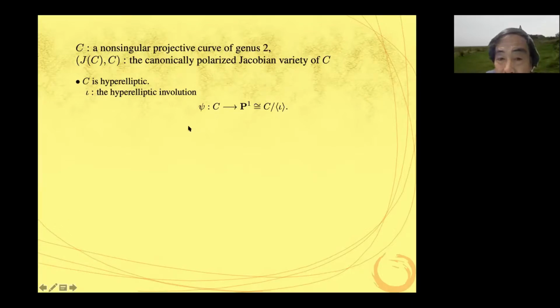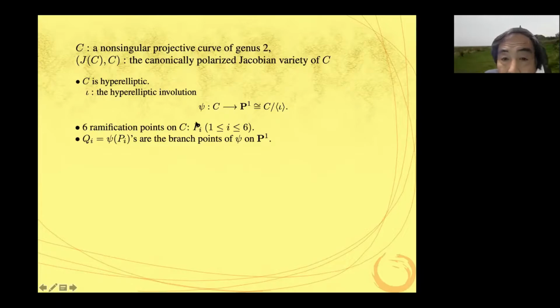We have such a diagram, such a morphism. For this morphism, it is well known that we have 6 ramification points P_i on C, and also 6 branch points here like this. Q_i is the image of P_i.